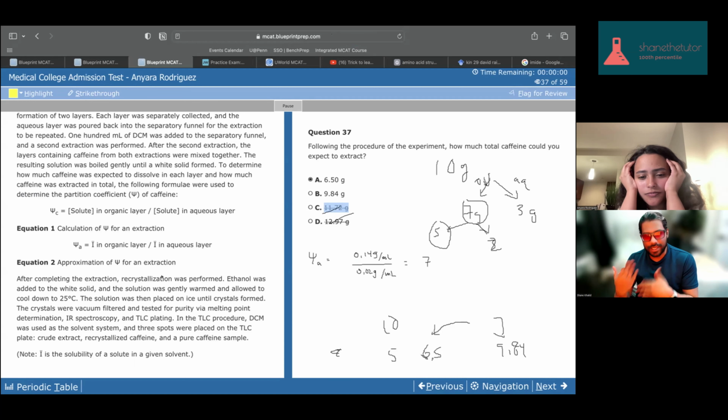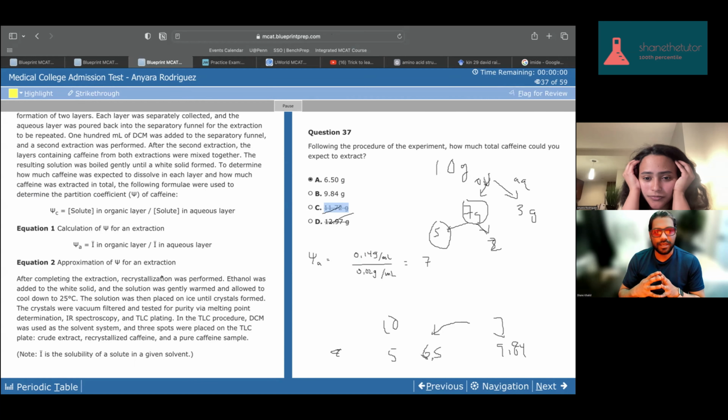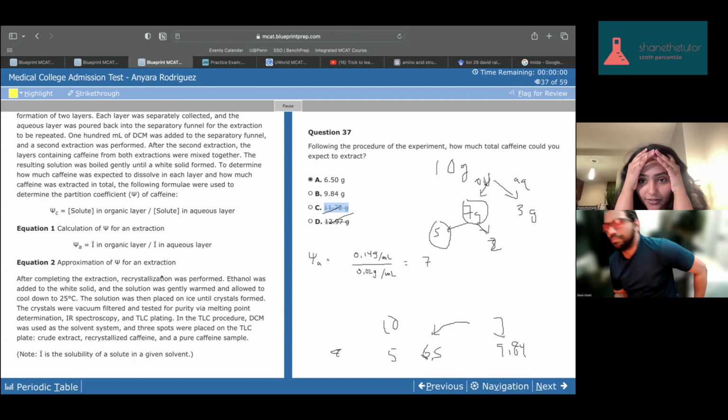And when you're extracting it, you're taking advantage of the fact that it's going to be mostly in that organic layer. So the amount of caffeine that we would expect to extract will be close to 10.